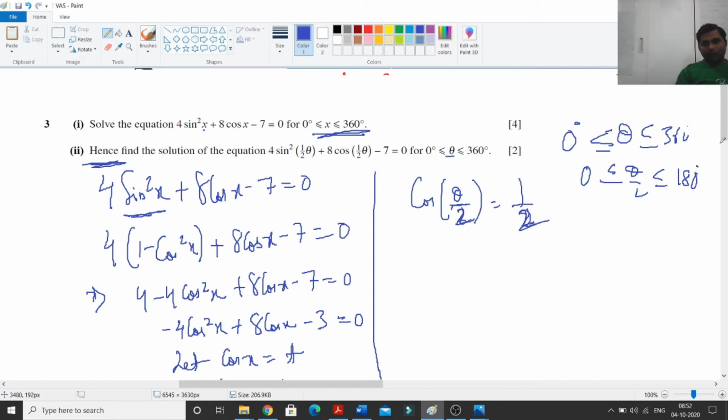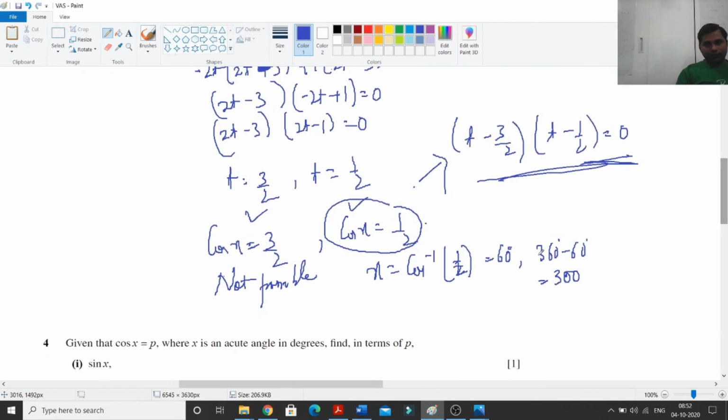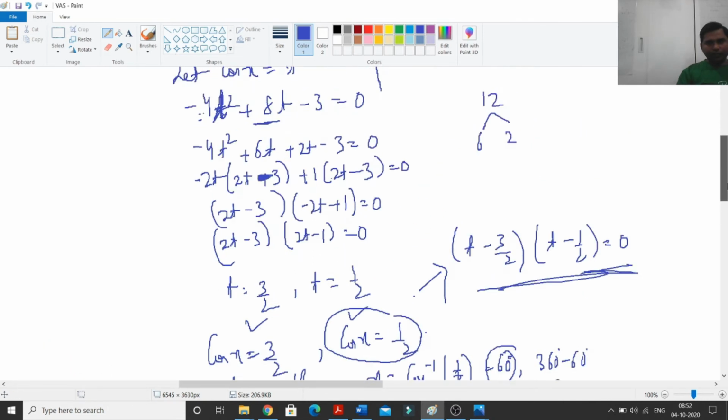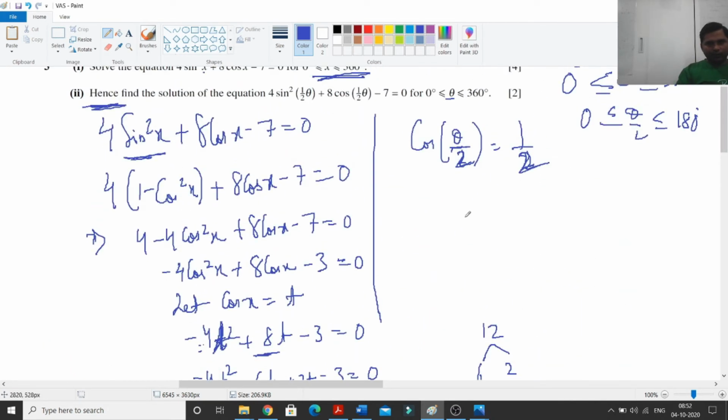As we got two values of x there, the solution is 60 and 300. We'll take only the value which is between 0 and 180. So theta over 2 has to equal 60 degrees, which gives theta as 120 degrees, and that's the only answer.